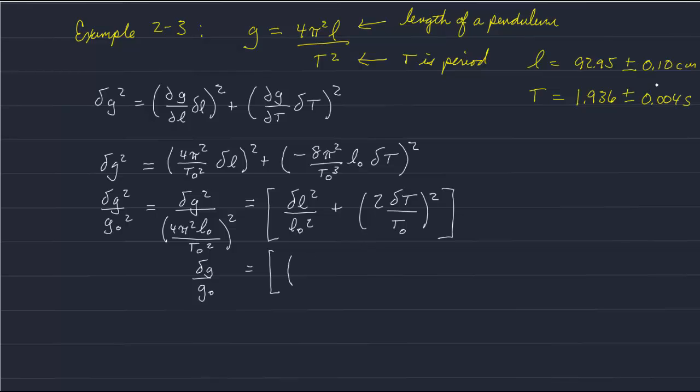In this case, delta L was 0.10 centimeters, and L naught was 92.95. And then the second term is 2 times 0.004 all over 1.936. And these are in seconds. The first two numbers were in centimeters.